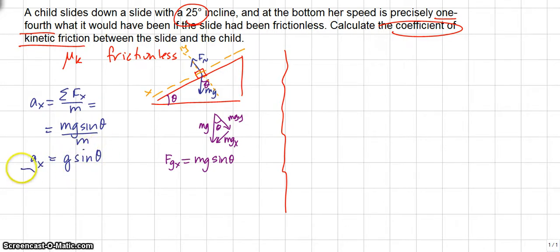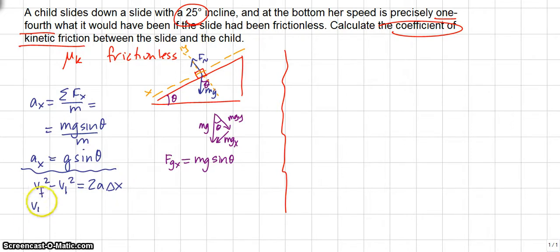And then we can use kinematics to figure out her velocity if there were no friction. The equation we want to use is v final squared minus v initial squared is 2 times a times her displacement. The reason we choose this equation is that her displacement on the slide is going to be the same in both cases.